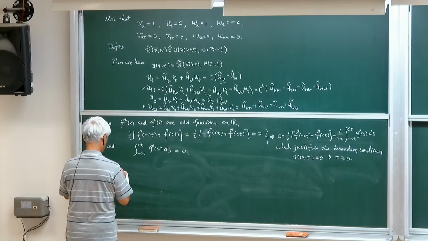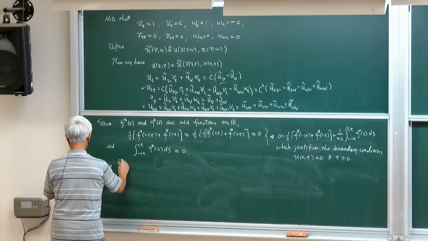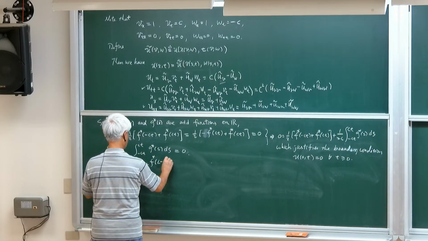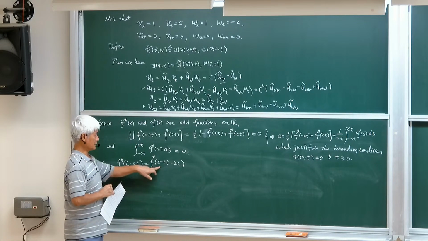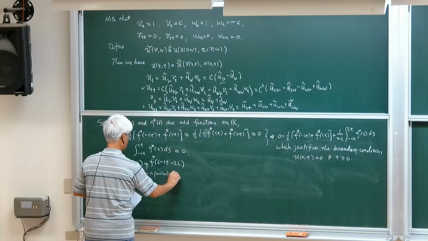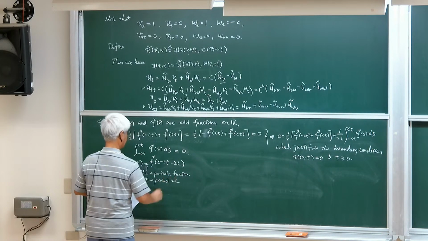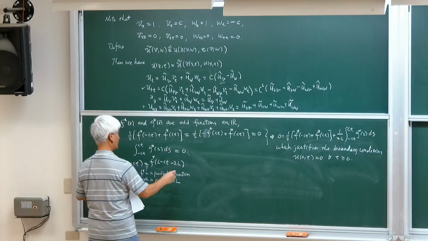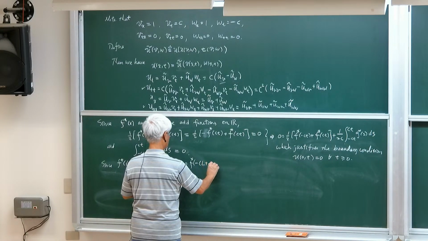Also, since f star of L minus ct is equal to f star of L minus ct minus 2L, because f star is a periodic function with period 2L, we have that this is f star of minus L plus ct.